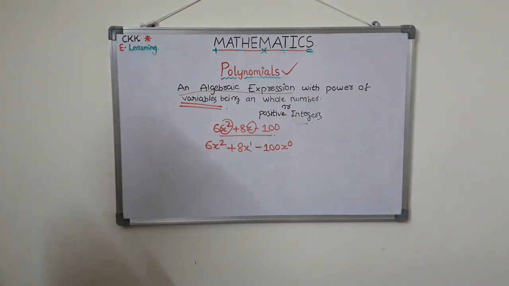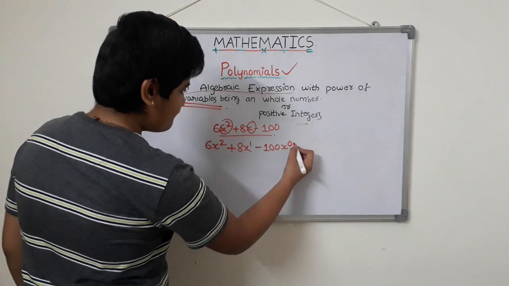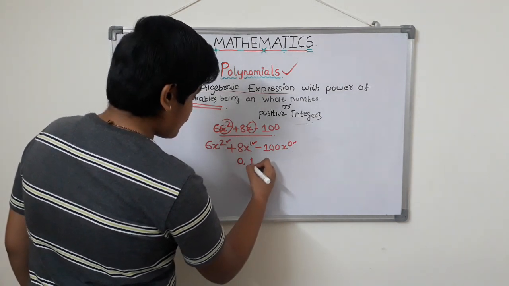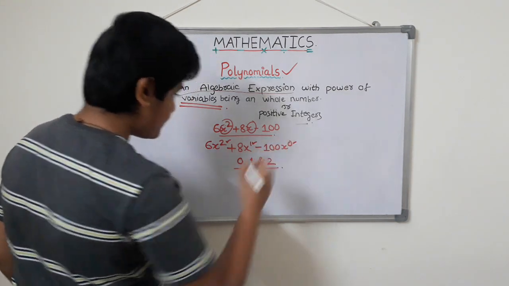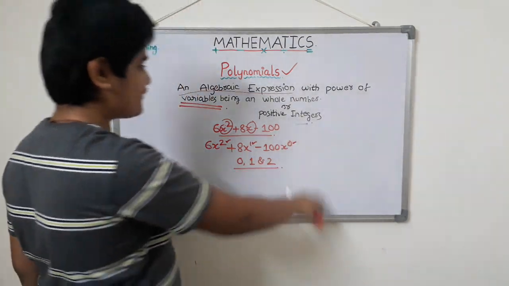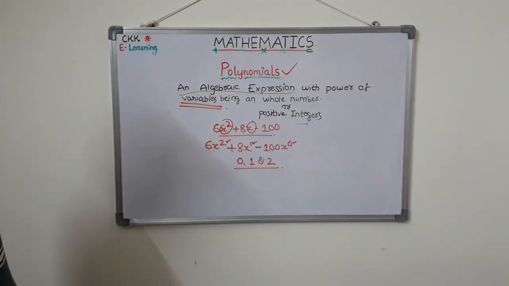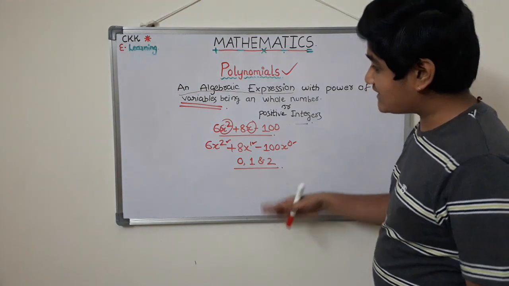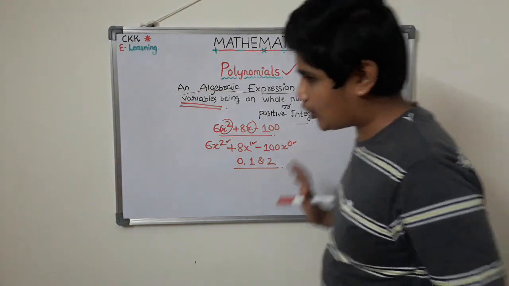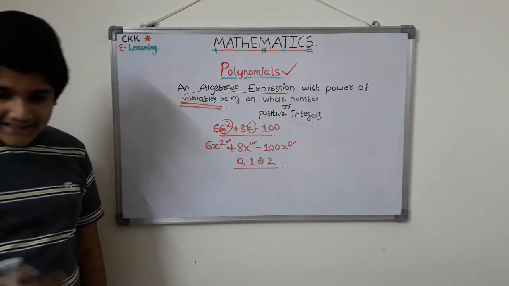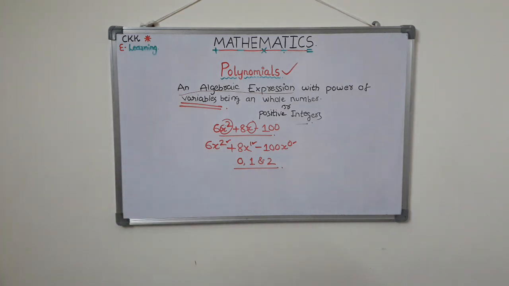Now see what the powers of variables are here. The powers of variables are 0, 1 and 2. Are 0, 1 and 2 whole numbers or positive integers, anything you can say? Yes, these are whole numbers. That's why it is called a polynomial. Is the concept clear with polynomials?